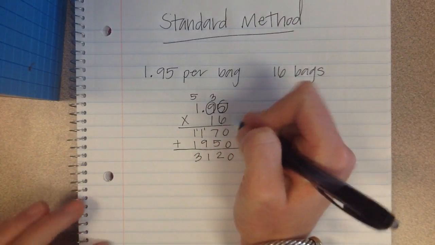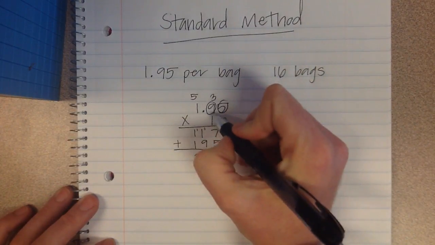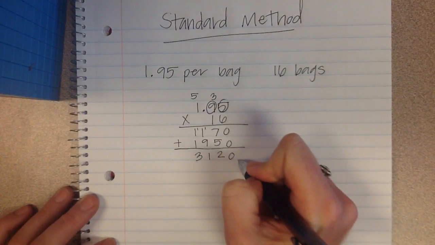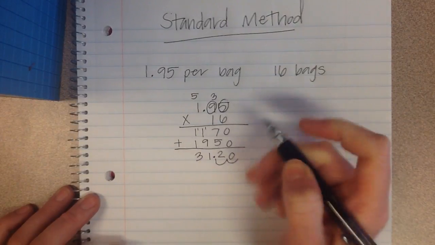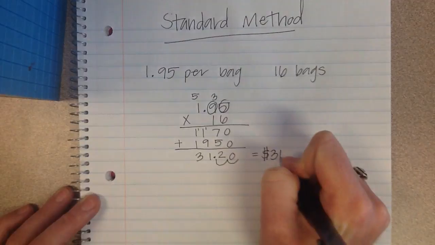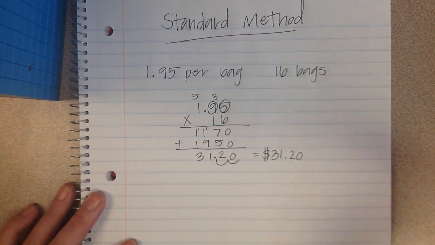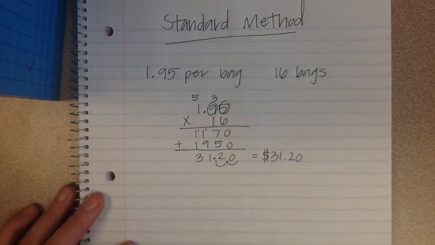I'm not counting how many decimals I have, but how many place values I have after the decimal. So I have 2, so I'm going to go from right to left. 1, 2. So that means my answer is I paid $31.20 for those Skittles.